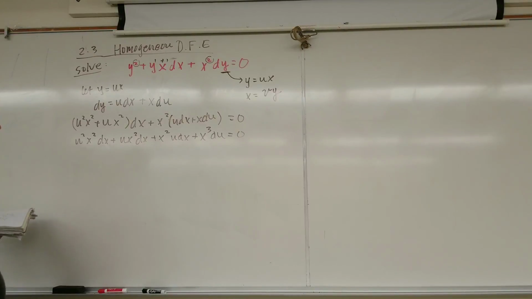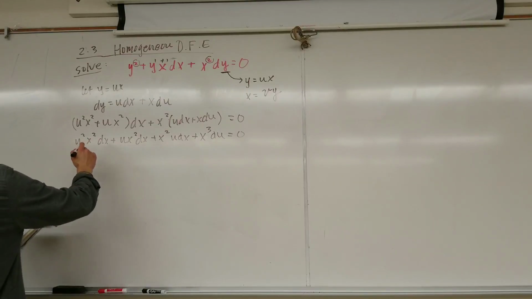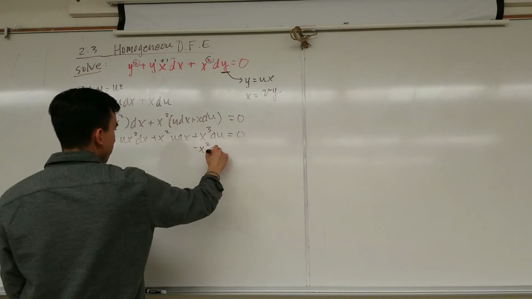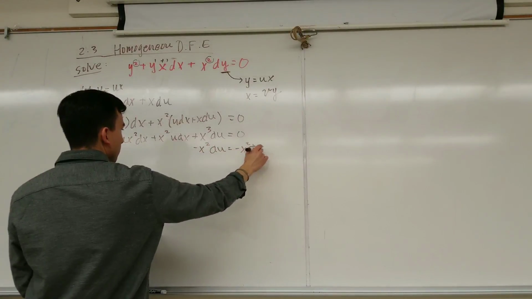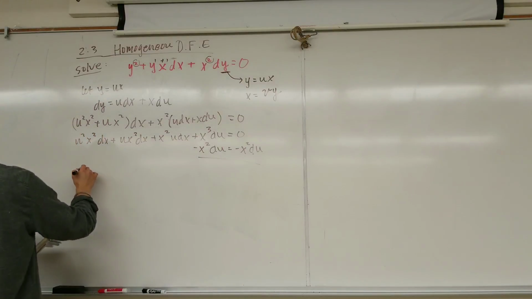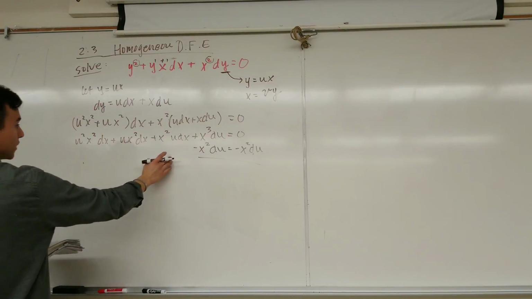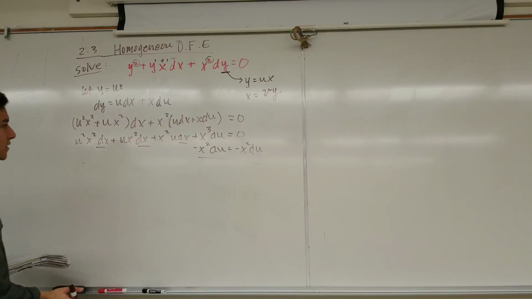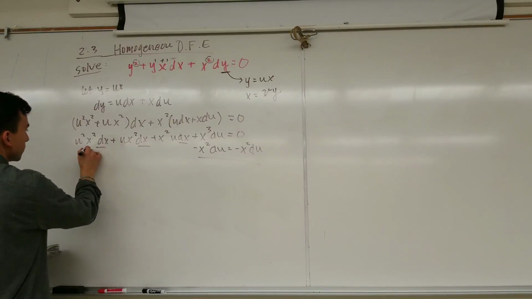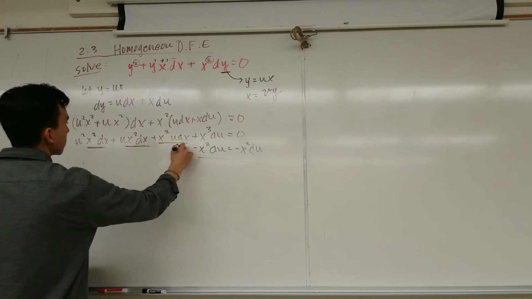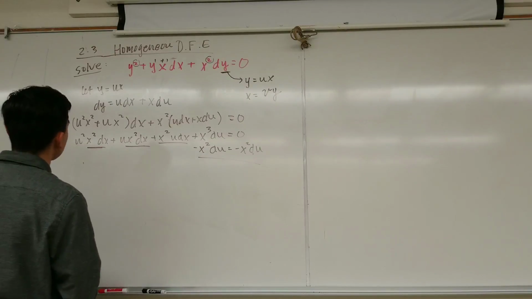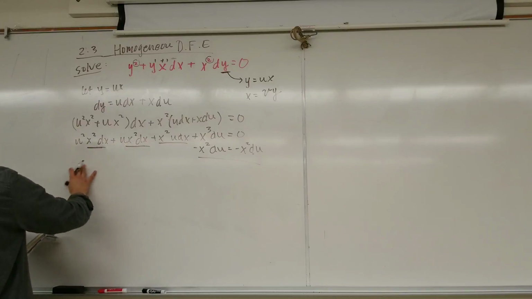All right, so if we move this to the side, we're going to get all these dx's, right? We're going to get them all on one side. And we're also going to factor out an x squared. We could also factor out a u, can we? Yeah.